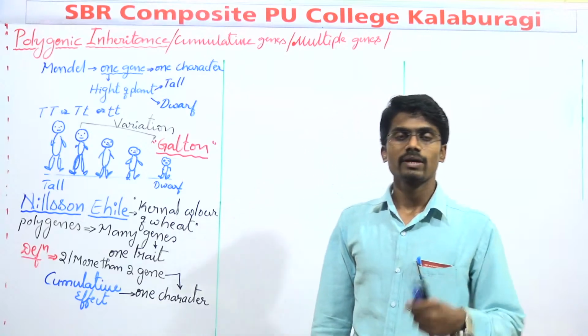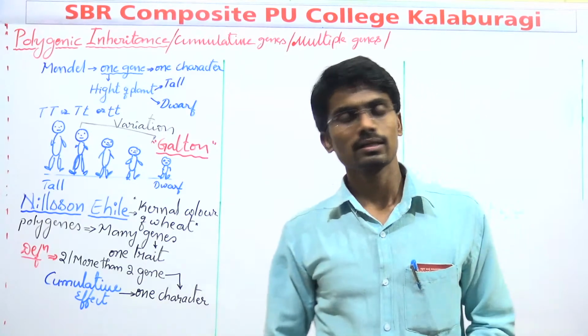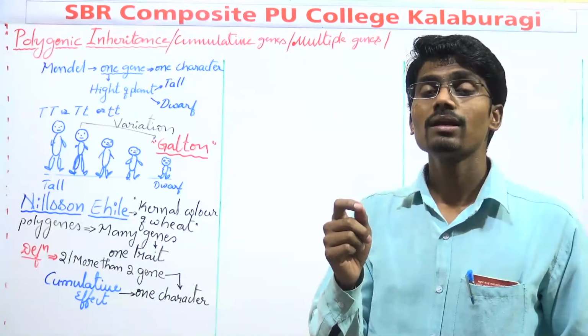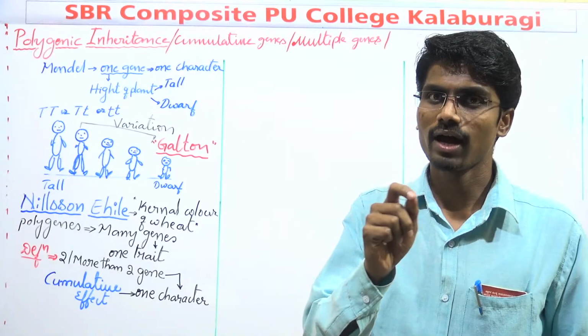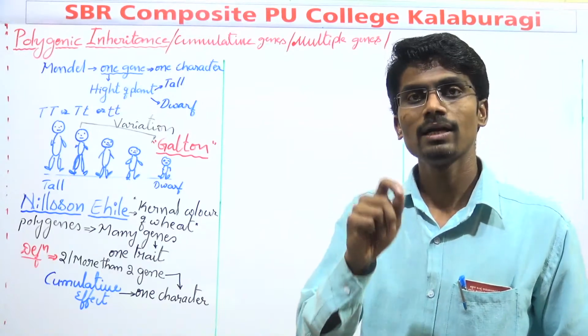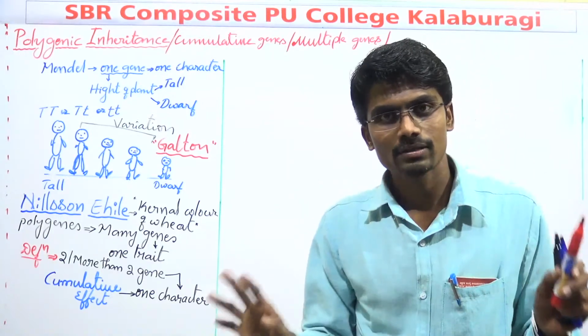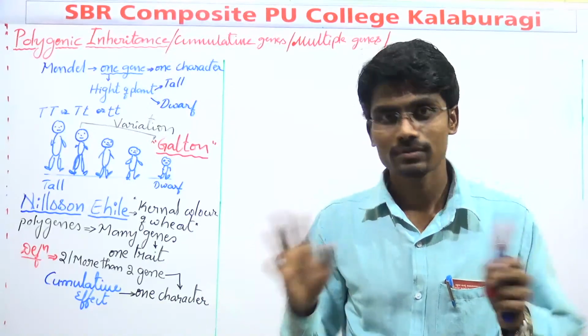Got it? And in some textbooks, like the ABC modern textbook, they have given multiple factor inheritance. Multiple factor inheritance or multiple gene inheritance, both are the same. Don't get confused. Okay?